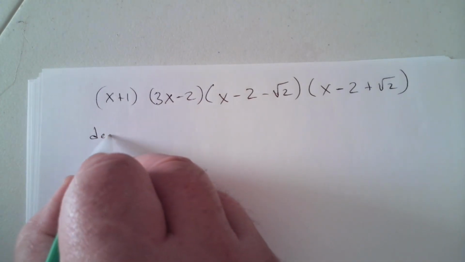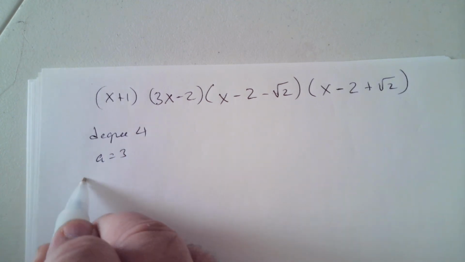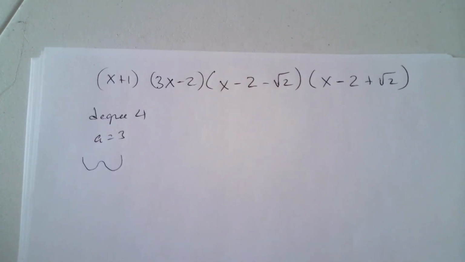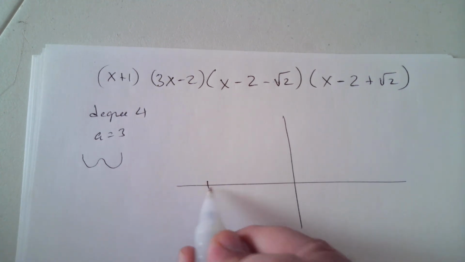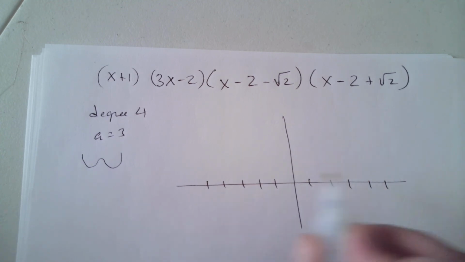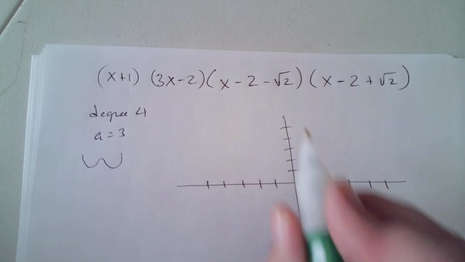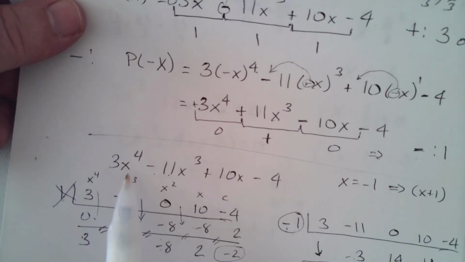Remember, our degree was 4 and a was 3. So our graph would look like this. And our y-intercept was, where's the original function? Negative 4. Our original function was that.